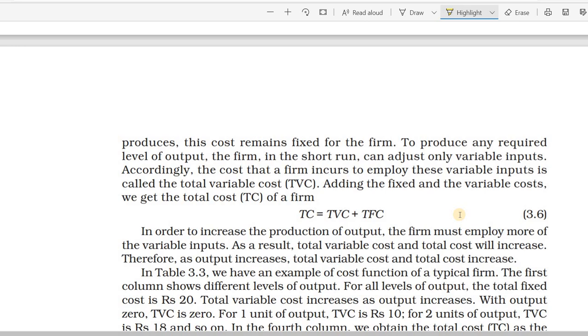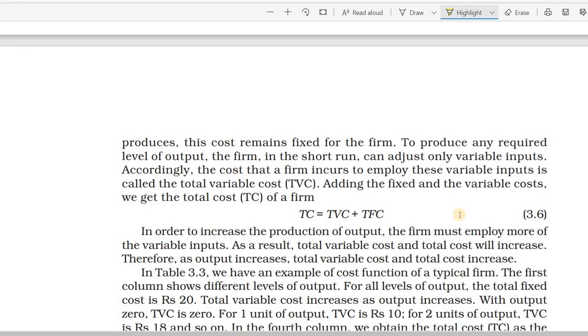Then the cost that a firm incurs to employ variable factors, like labor or raw materials, some variable inputs are there. For that also some cost is there. That one we are calling total variable cost.